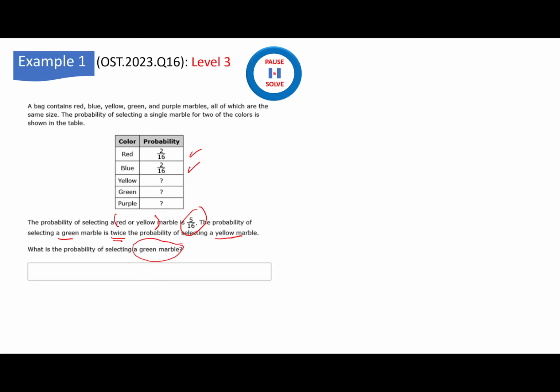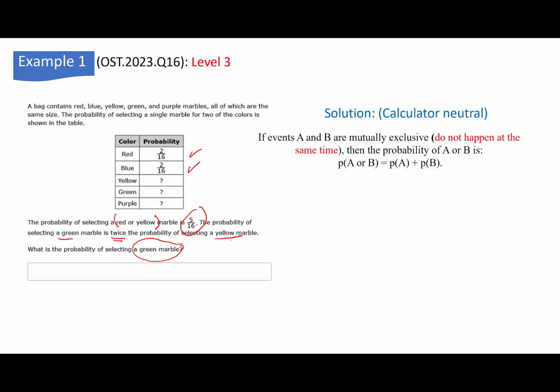To find the probability of selecting a green marble, we need to find the probability of selecting a yellow marble, because the green marble is twice as much as a yellow marble. So let's see how we can set it up. Again, we're going to use this property, because red or yellow are mutually exclusive. They do not happen at the same time. So what we have given: P(red or yellow) is 5/16.